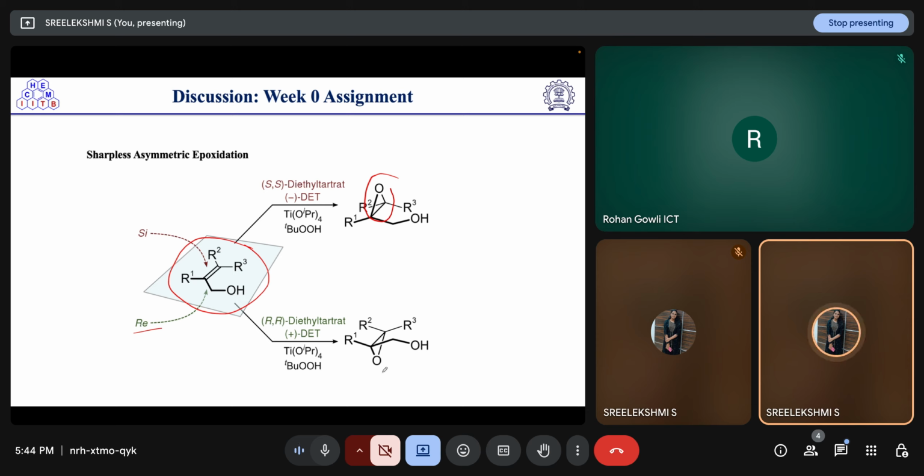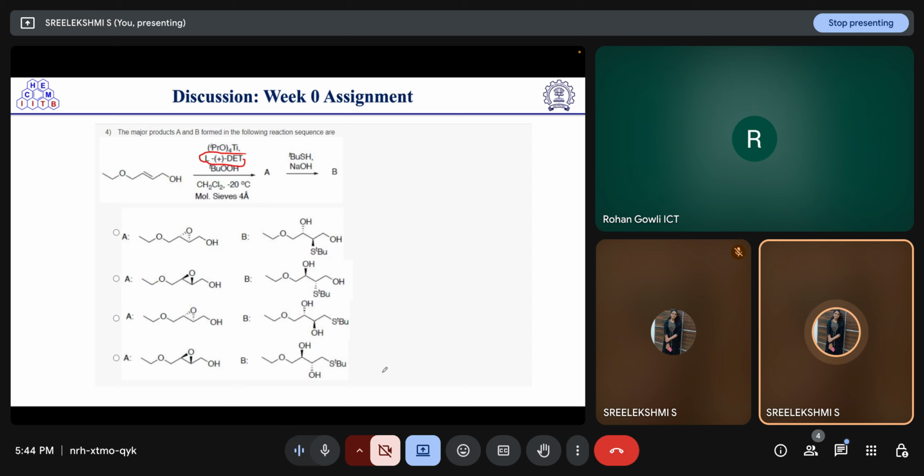So this is the basic idea of Sharpless asymmetric epoxidation. Basically, we use it for introducing the epoxide group from one particular face and we block the other face by using this ligand. So here also we are doing the same thing. Using this plus DET, we are converting this alkene into epoxide.